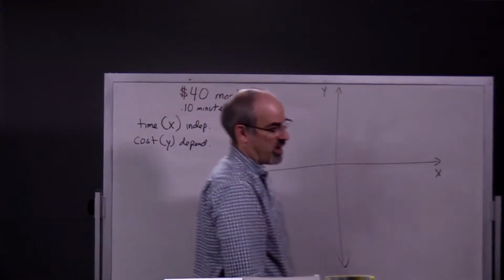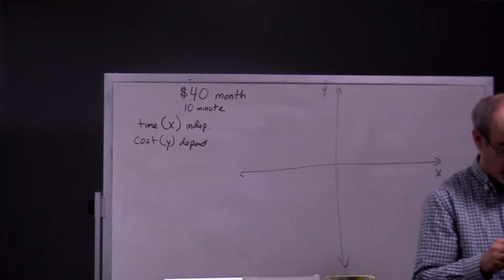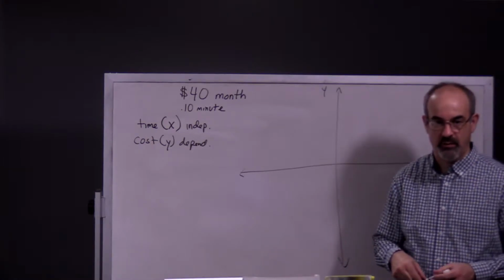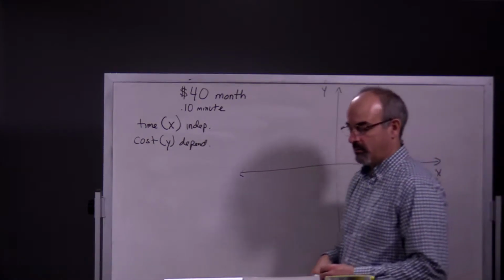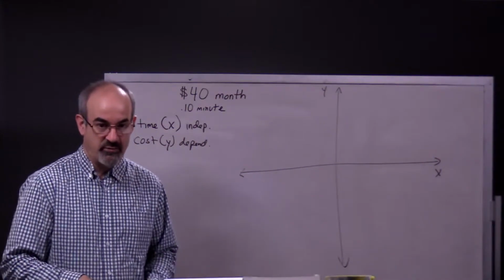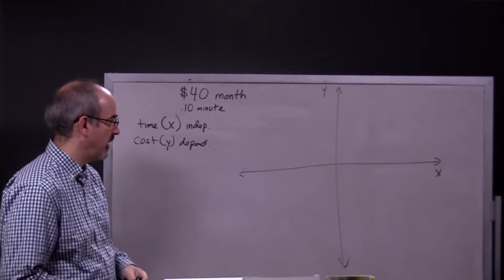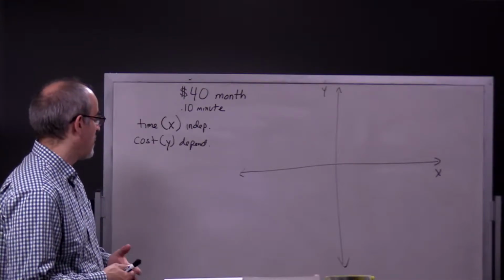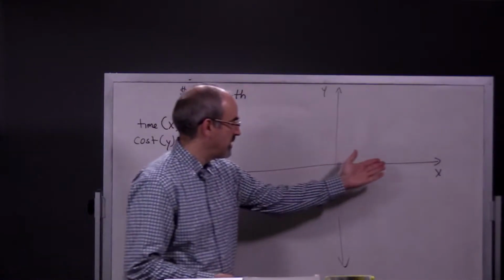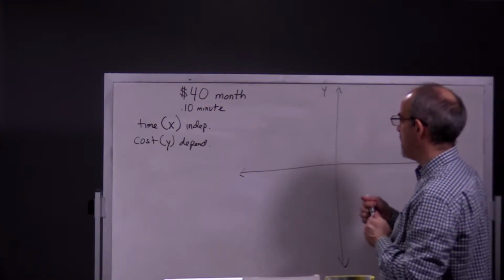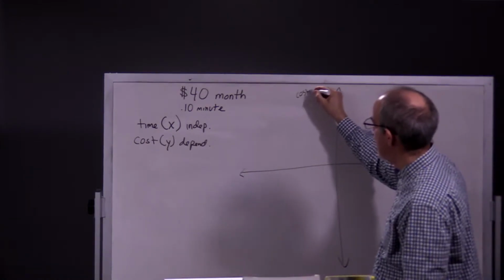That's because the cost depends on how much time you talk. It's not the other way around. Talking on the phone more makes the cost go up. So our time is going to be down here, and our cost is going to be up here. So this is cost, this is time.